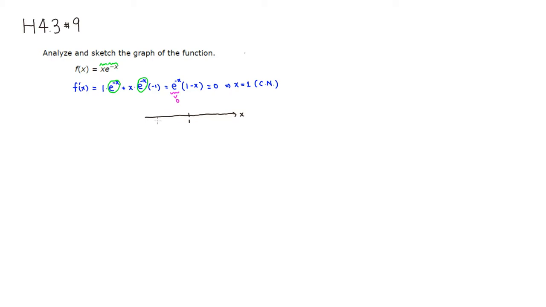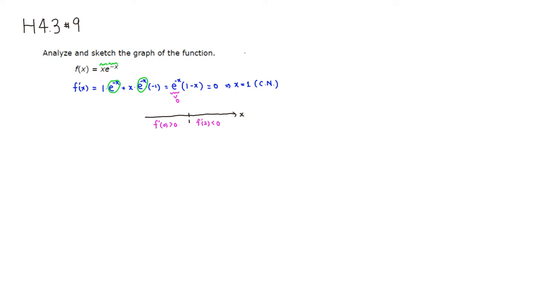For f prime of anything smaller than 1, let's say 0, if you plug 0 into the derivative, you have 1 minus 0, so it's positive. But if you look at the derivative at, say, x equals 2, we have 1 minus 2, so that's negative.